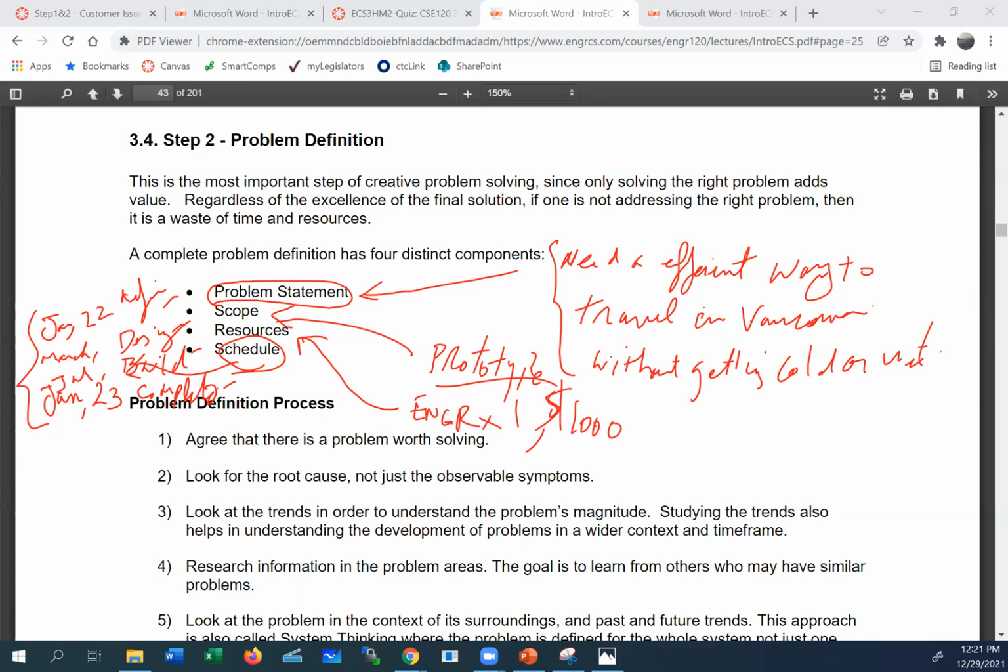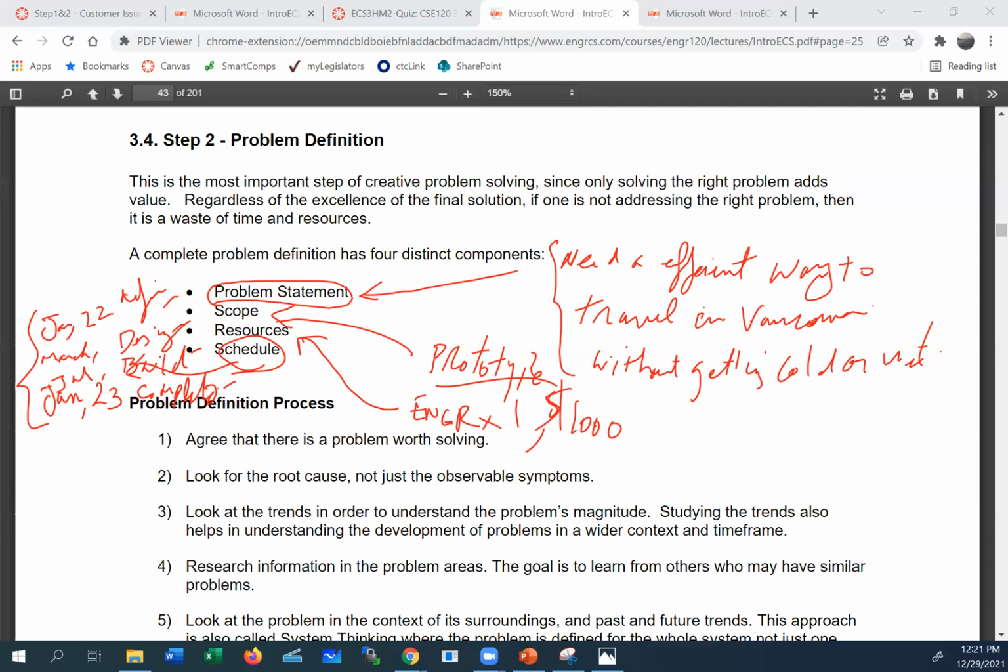You might say my scope may have been to just design it on paper, not even build it. That would be another option. Or I want to build a whole company based on it. Those are different scopes. Resources are per person, money you need for material, a special fixture, or special expertise.